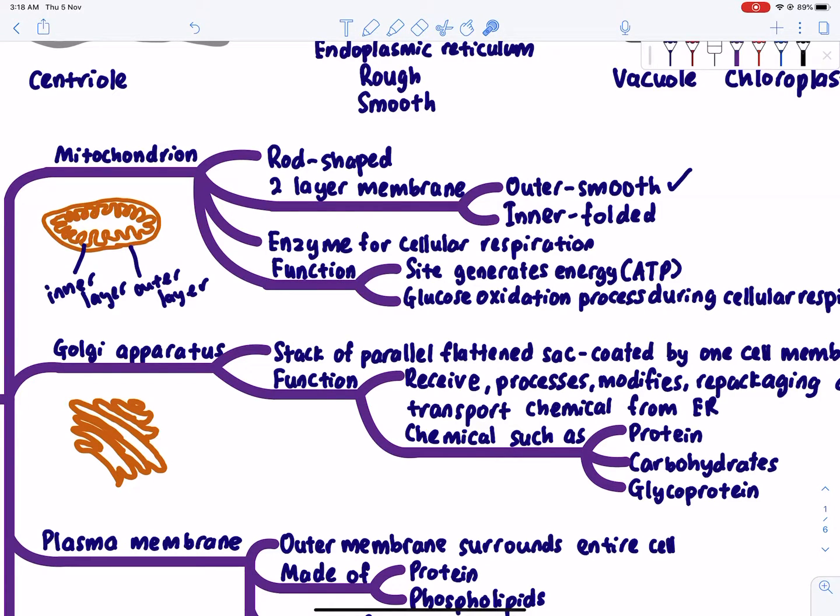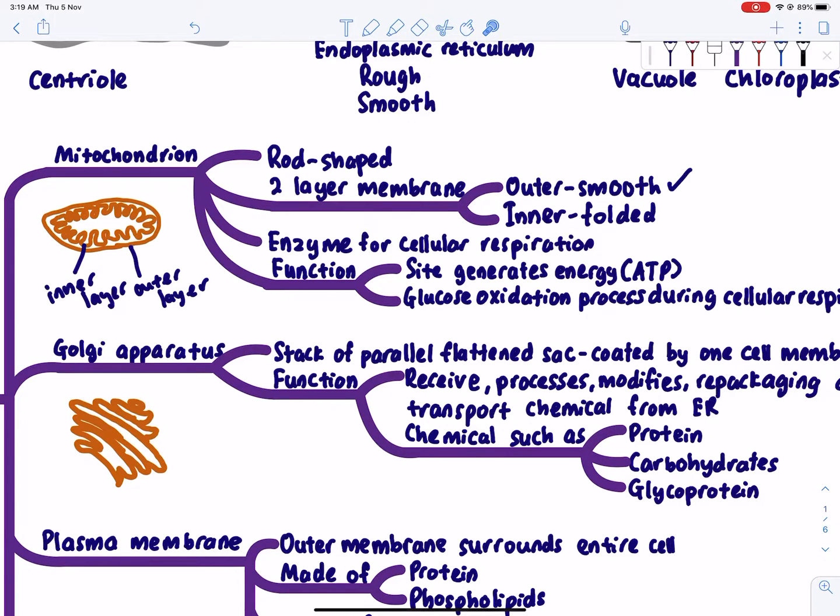This chemical substance is very important inside our body, crucial for our daily functions. It comes mostly from carbohydrate that is broken down in the cytoplasm, and then the products of the breakdown in the cytoplasm enter the mitochondria, where they generate energy.